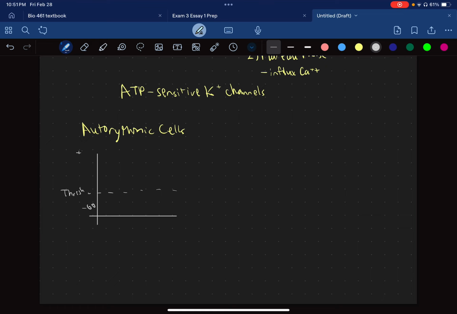And then up here, +20. And we're going to have just 3 phases in this one. So we're going to have phase 4, phase 0, and phase 3. Phase 4 is going to be a gradual depolarization.